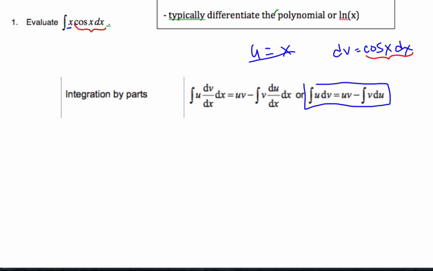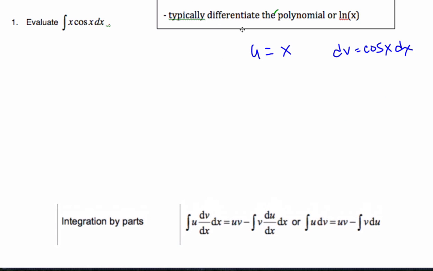So once I have my u and my dv, I then come along and let me move this formula out of the way for a bit. I take the derivative of this, du dx is equal to 1, and then I'm going to multiply by the dx, so du is equal to dx.